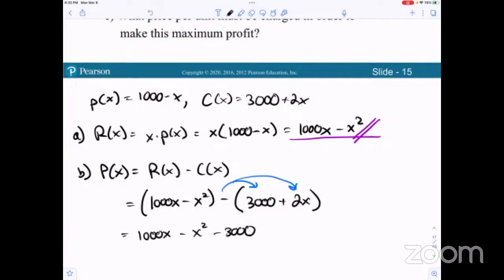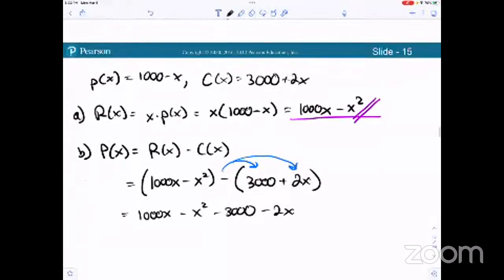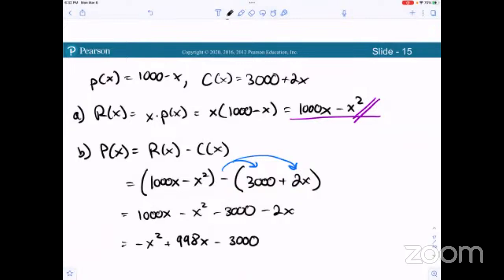I'm going to put this in descending power order so it looks like what we're used to seeing: negative X squared, then 1,000 minus 2 is 998X, minus 3,000. I think that's it. So this is our profit function.